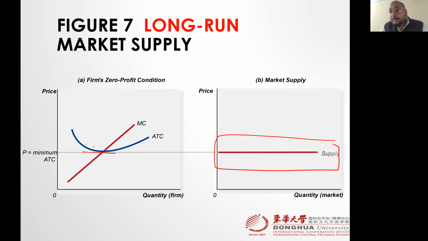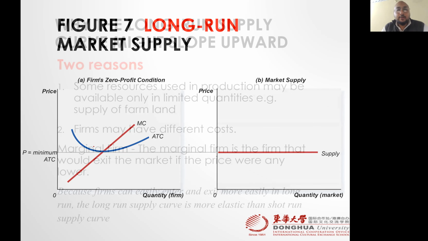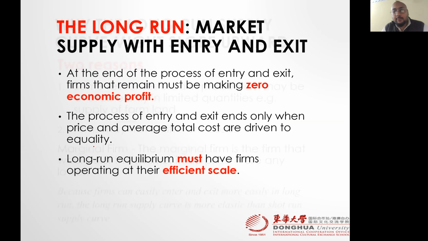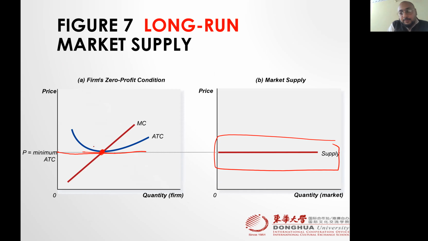So in the long run, nobody is earning economic profit. And everybody is also producing at the lowest point of the U-shaped ATC curve. So that is the efficient scale.